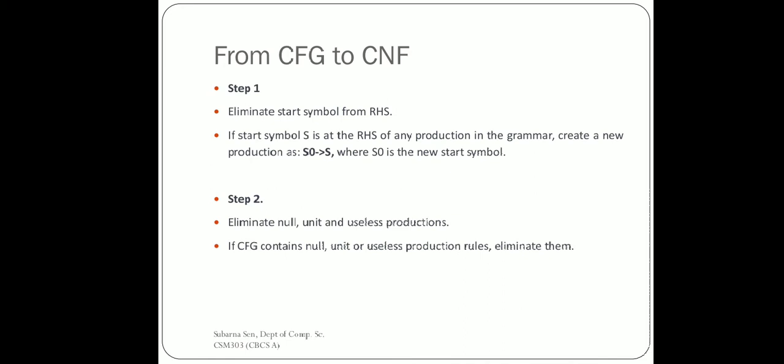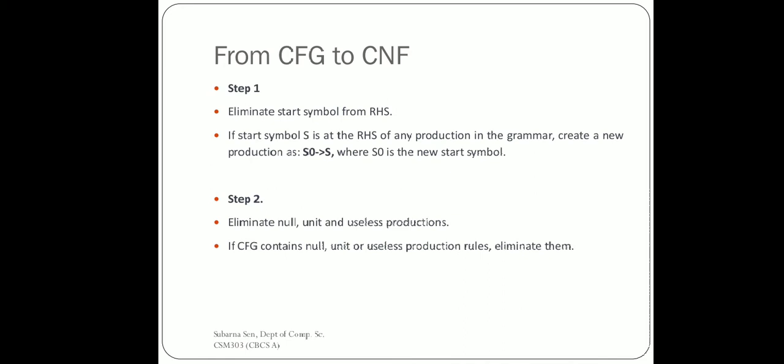Eliminate the start symbol from the RHS. If the start symbol is on the RHS of any production in the grammar, create a new production S0 derives S, where S0 is the new start symbol. When we move to the example directly, it will be clearer to you. Say we have one variable named S and another variable named A, where S is the start symbol.